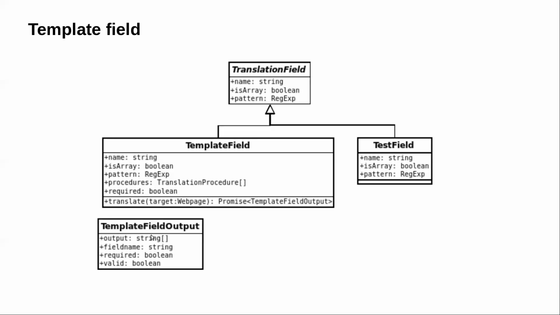The template field output includes an output property, which is just an array of strings. And this is, of course, the result of the selection step plus the transformation steps, the multiple procedure outputs combined. That's going to give the field output. And it also has a property that says if this output is valid for this specific field.